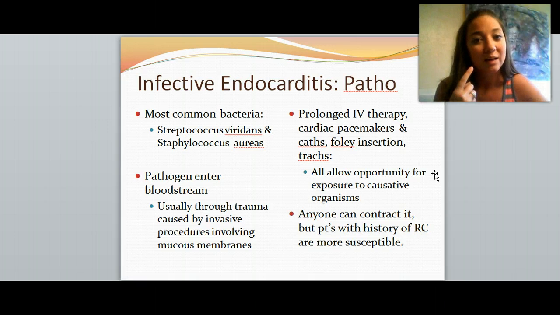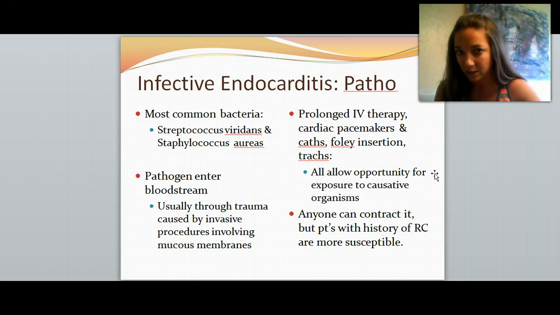Well, remember we said with the dental work, they're messing with your mucous membranes, and you have tons of capillaries in those areas. And so if they're not taking those prophylactic antibiotics, they could end up developing infective endocarditis as a result of dental procedures because they're already susceptible to more infections. That makes sense? If you have a question about this, make sure you let me know.